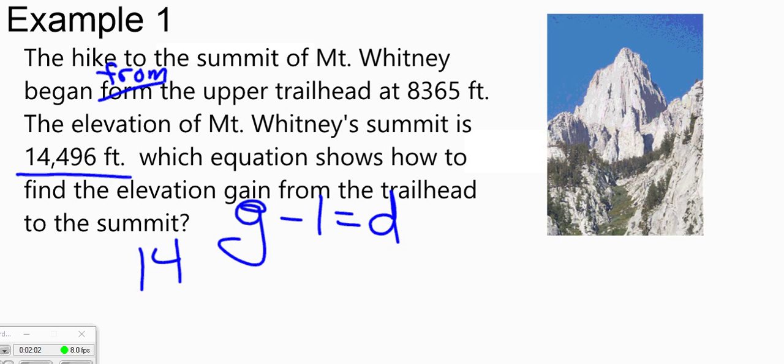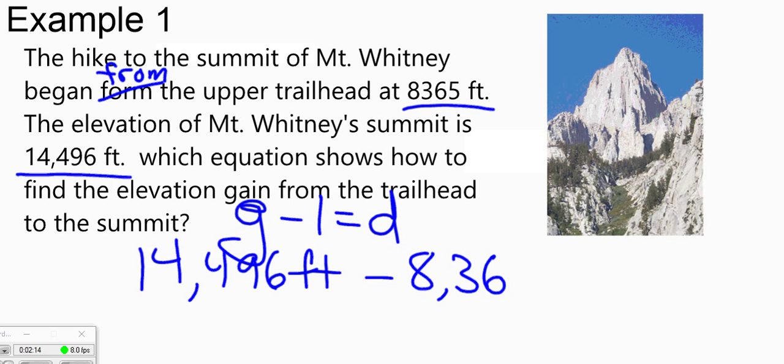The greater number, of course, is 14,495, and the lesser distance, of course, is 8,365. And that's going to give us a difference. And so we can use that idea to solve this equation.